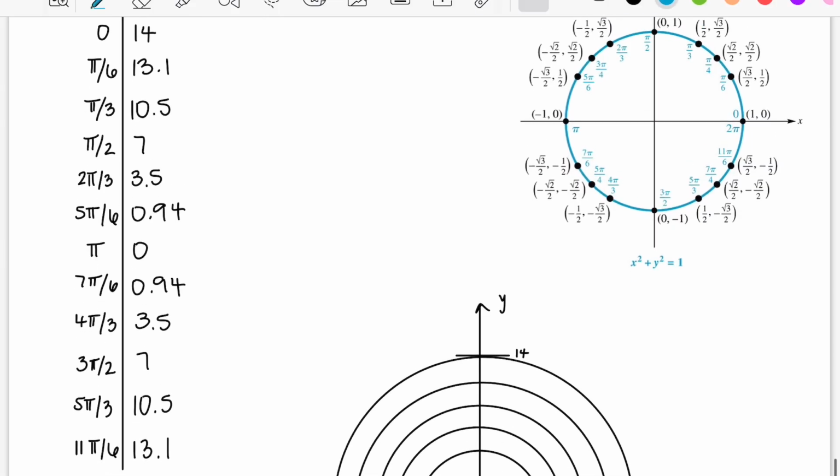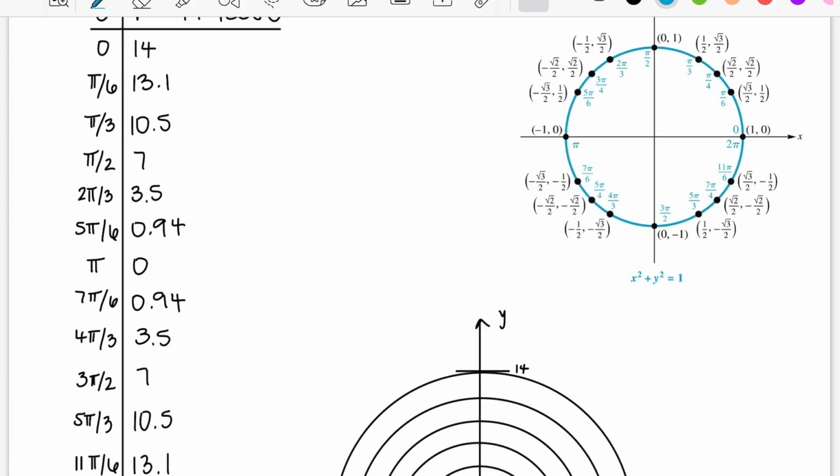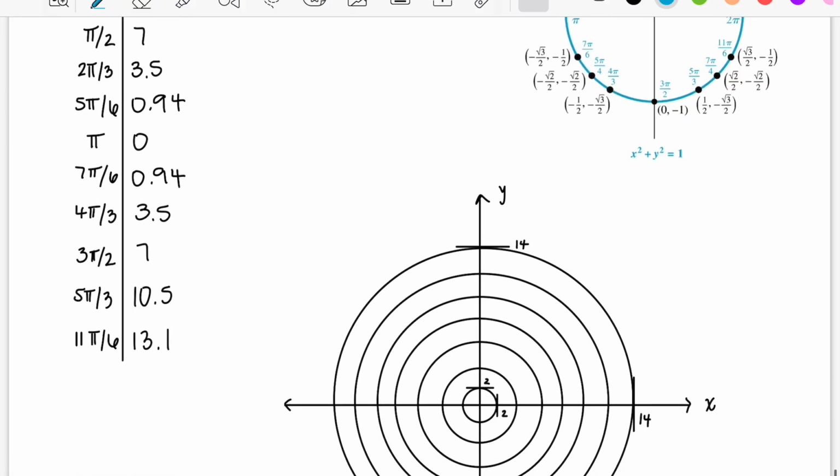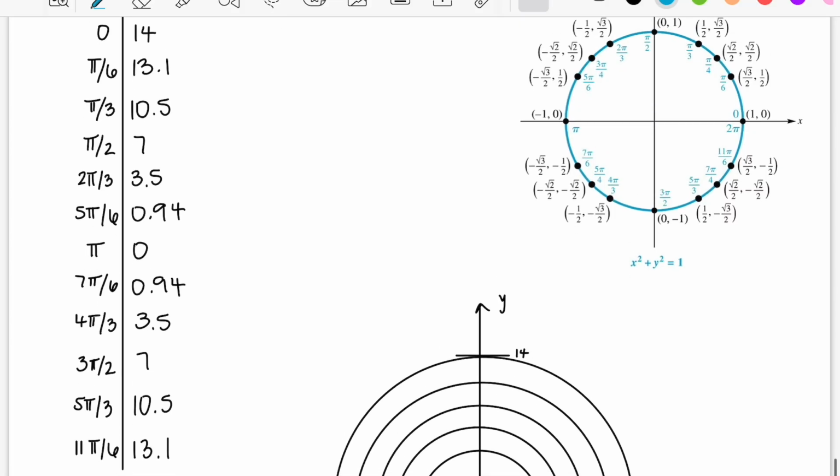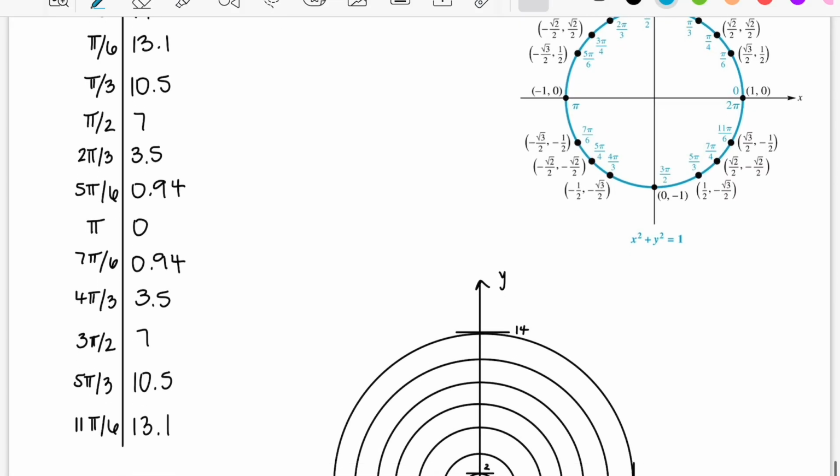So first we have 0, 14. So that point is going to be right about here. Next we have pi over 6 and 13.1. So pi over 6 is going to be somewhere over here. And again, this is just going to be a rough sketch. But pi over 6 is somewhere over here. And so 13.1 is probably going to be somewhere right there.